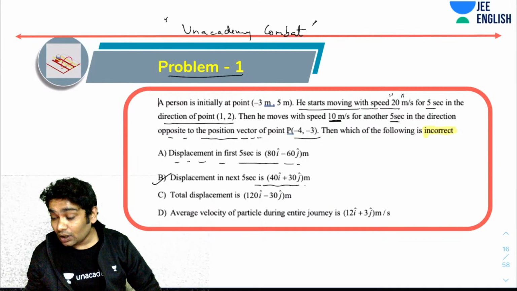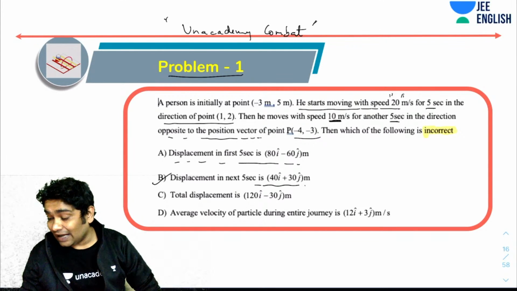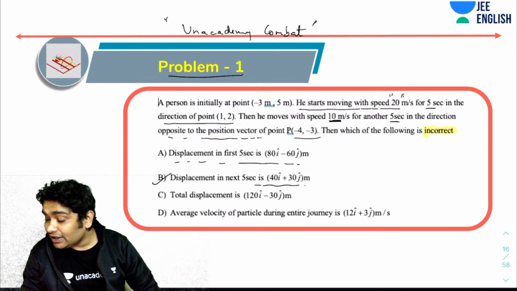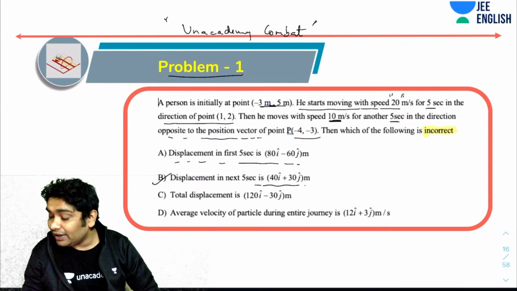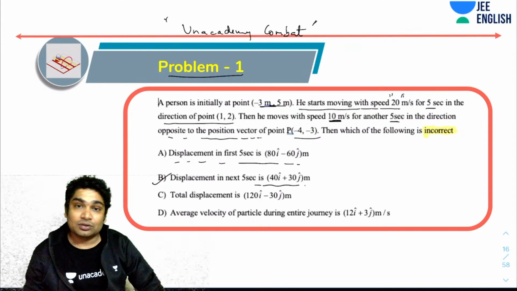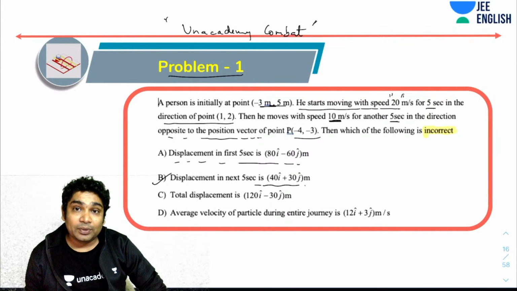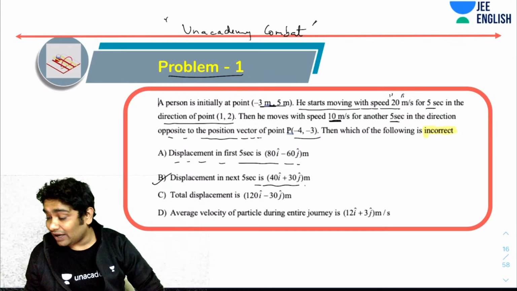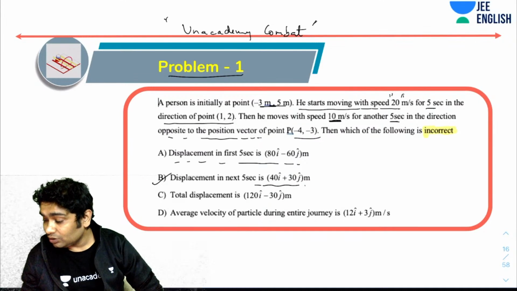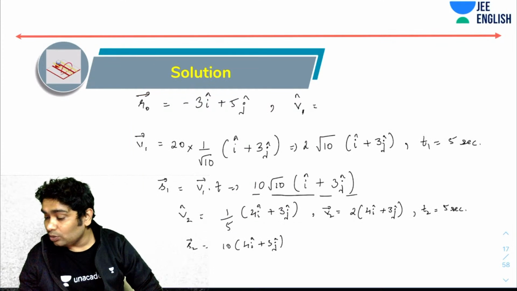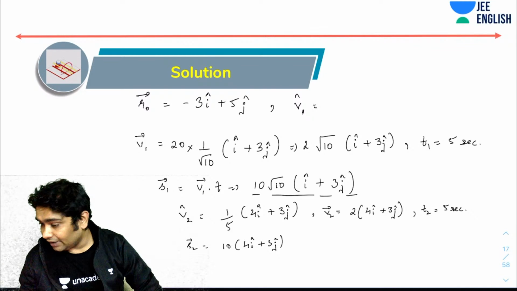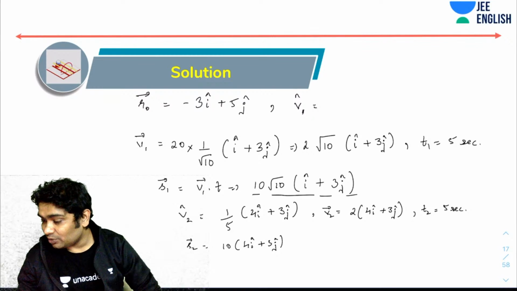Now, what it says actually is the person, which is initially at this point, starts moving with the speed in the direction of point this with respect to this. So the direction was implied to be with respect to this. That is why the unit vector here would have been R2 minus R1 vector. So I realize that this was my initial position vector.